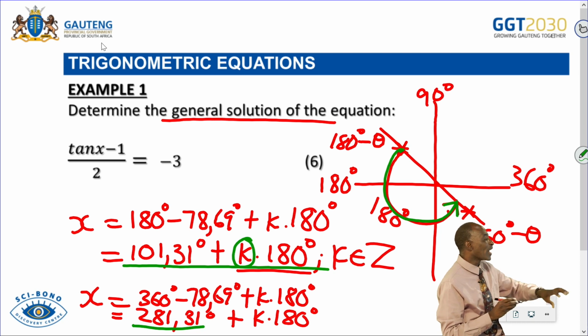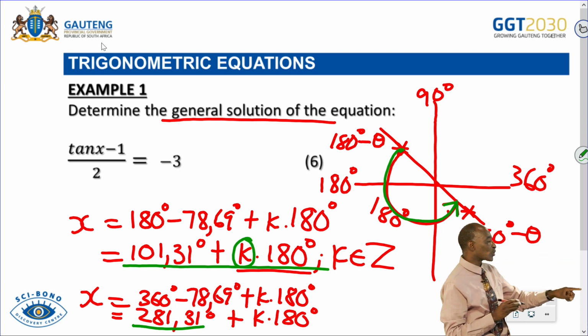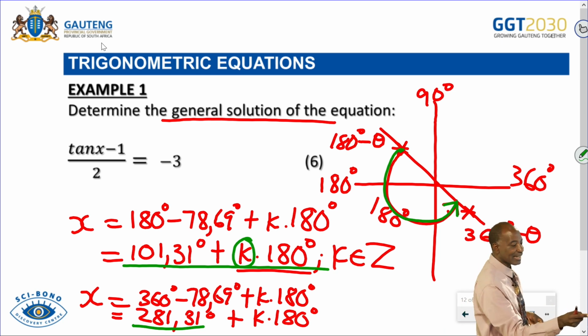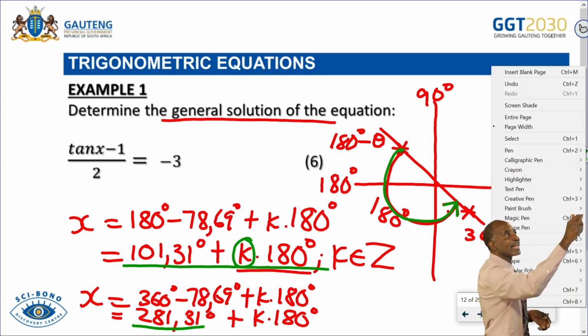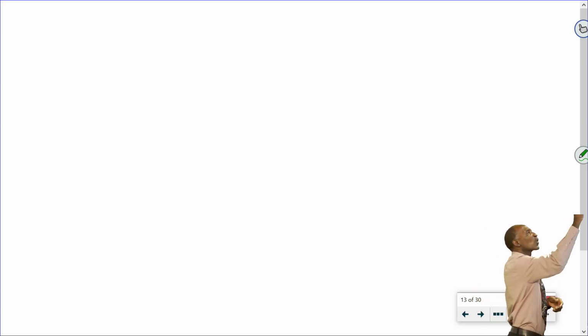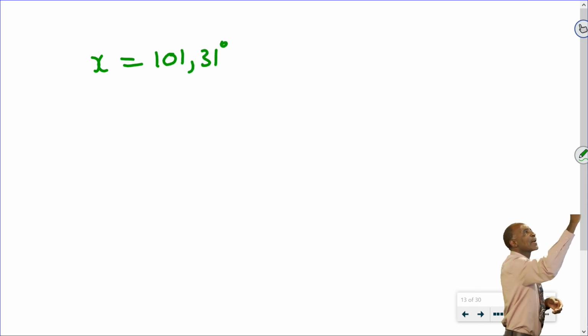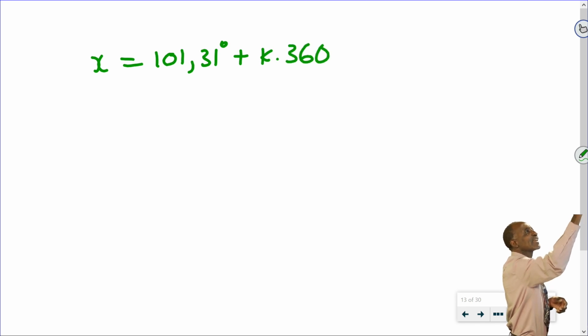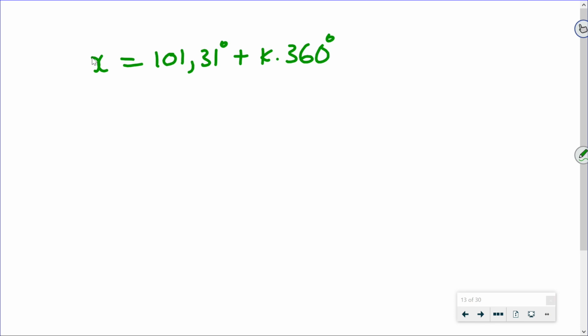Okay, only when you want to use a revolution would you consider both sides. So those of us who want to use a revolution, this is how you use a revolution in tan. You find your first answer, you got your x equals 101.31 degrees plus k times 360 degrees. You are also allowed to add a revolution in tan.